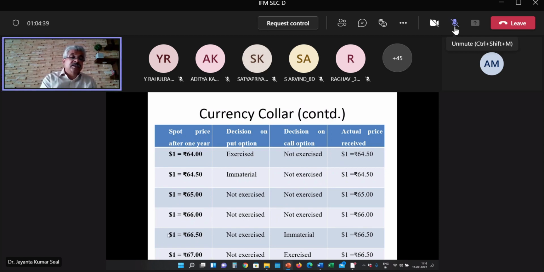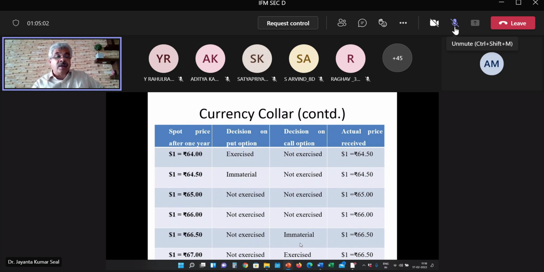So at 66.5, you do not exercise your right on put option. Call option, it is immaterial. Why? If that person exercises his right, he can buy it from you at 66.5. If he does not exercise his right, still he can buy from the market at 66.5. Now you are not exercising your right, he is also not exercising his right.